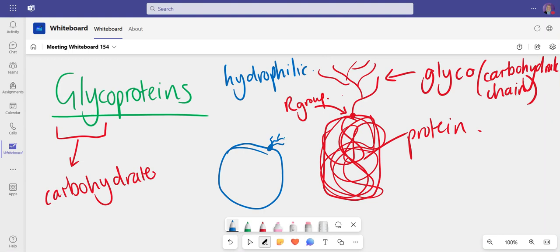It can go out into aqueous environments. A lot of the time they're used for things like cell signaling, because they're like this little recognition thing sticking out the side of the cell, telling other things what that cell is there for. All right, and that brings us to the end of our proteins topic.